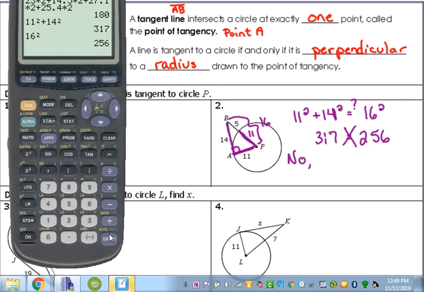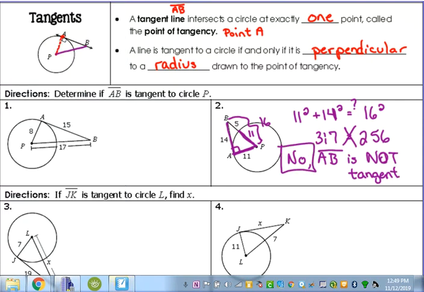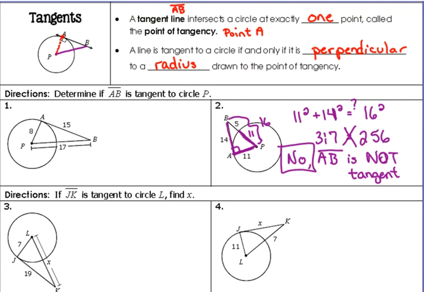So no, in this case, AB is not tangent. If the Pythagorean theorem worked, if the left side of your equation does equal the right side, then you do have a right angle, and therefore it is a tangent line.